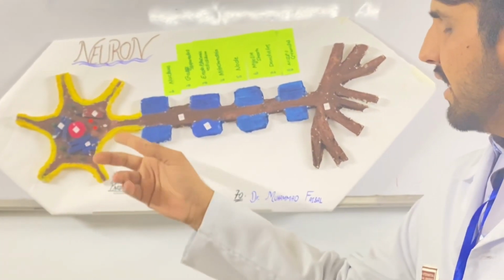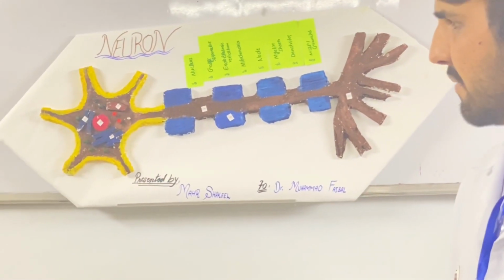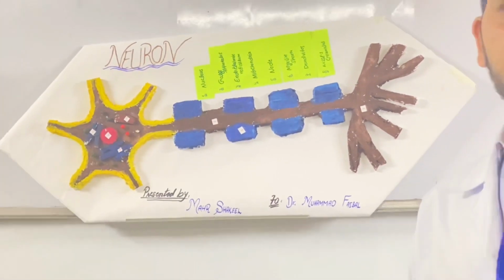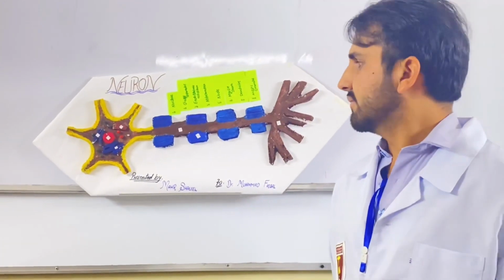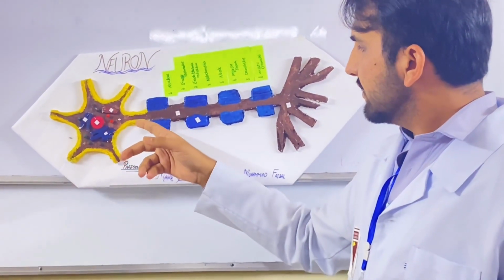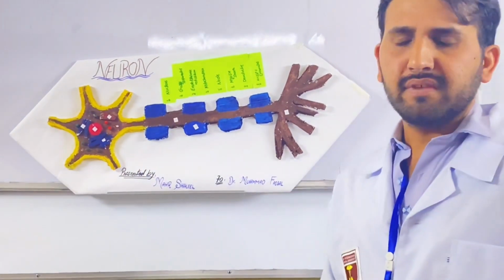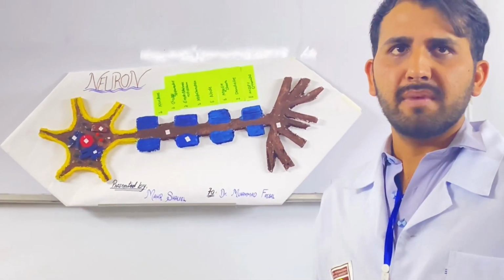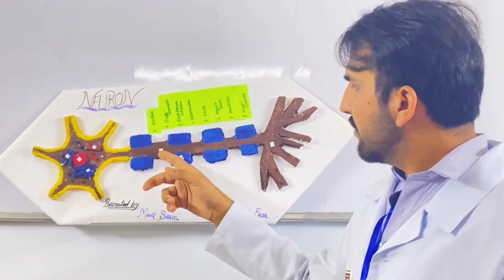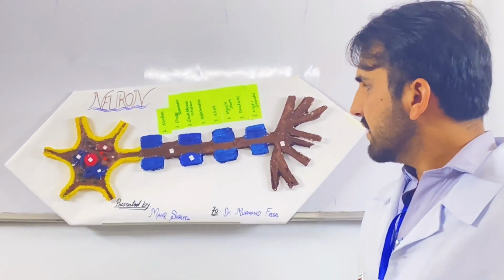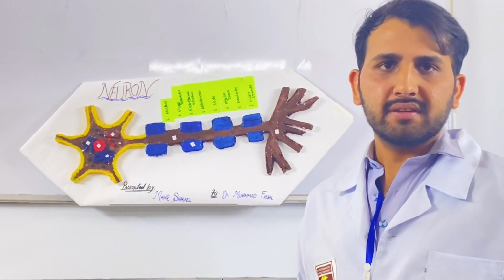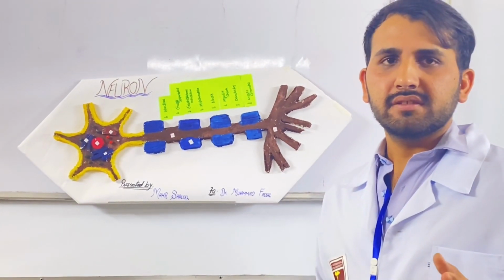The neuron has eight parts. The nucleus is the manager of the cell, managing the repair of the cell and waste and nutrients. Then mitochondria, endoplasmic reticulum, and the axon, which receives the message from other cells. And the myelin sheath covers the axon and increases the speed of the message.